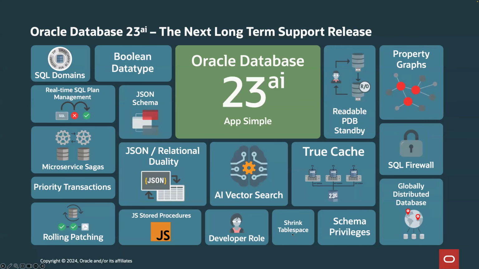So I do want to point out the fact that we rolled out that functionality in 23C. The bulk of what we see on this slide was released as part of 23C, right? AI vector search is really only the new thing we've added with 23AI, but it is significant.